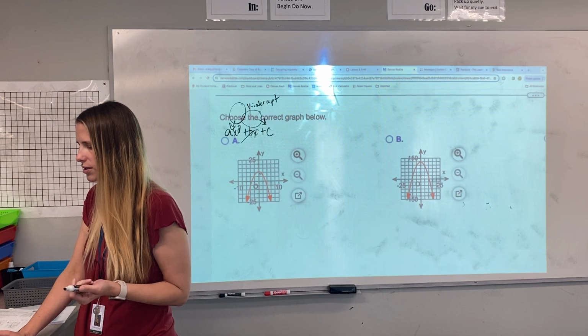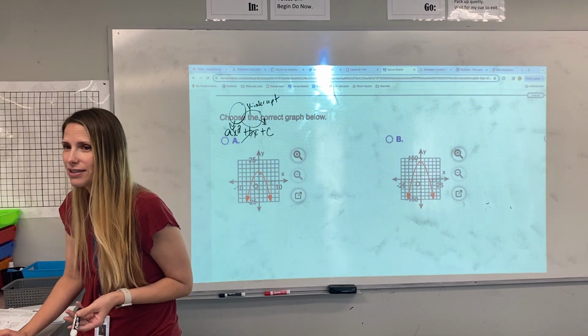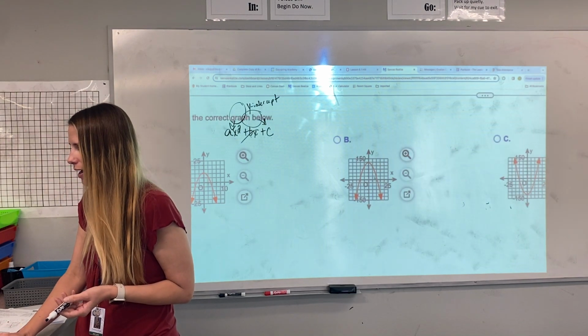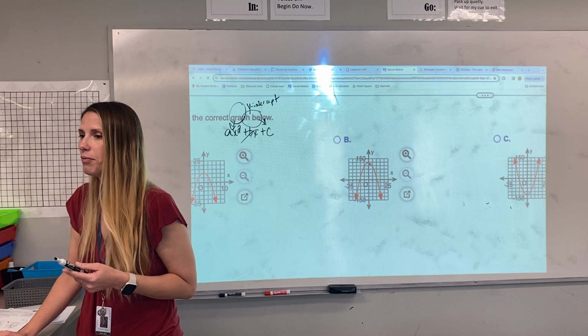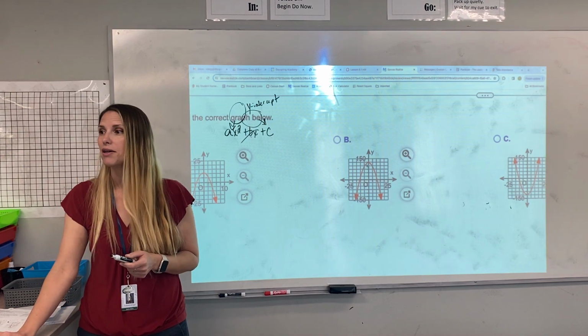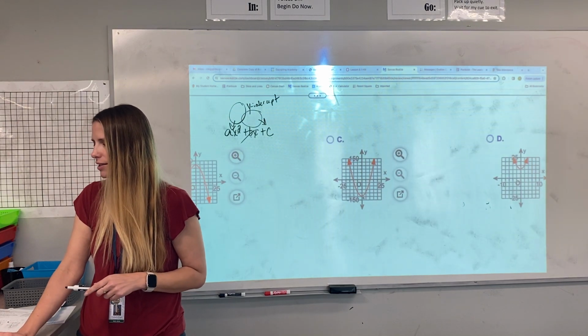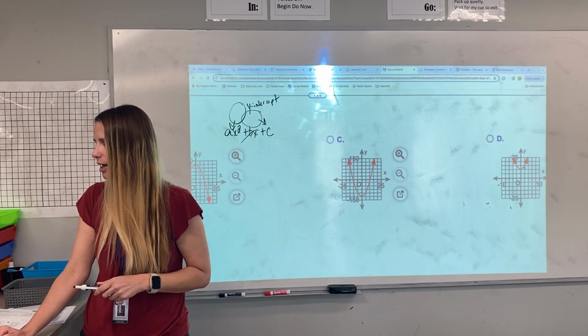This y-intercept is positive, right? This y-intercept is positive. This y-intercept is negative.